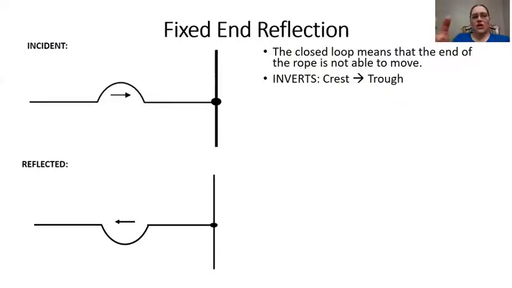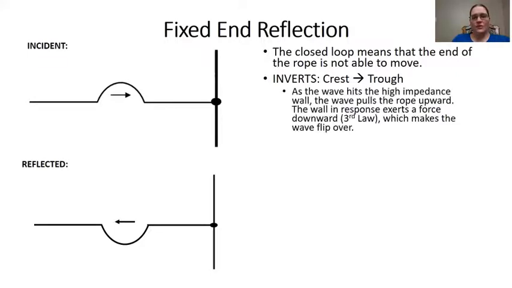That's Newton's third law at work, the equal and opposite force thing. And so it's going to make the wave flip over. It's somewhat like when you have a little car hitting a big heavy truck. That big heavy truck makes the little car change the direction of its movement, going backwards. We see that in waves as the flipping, the inversion.